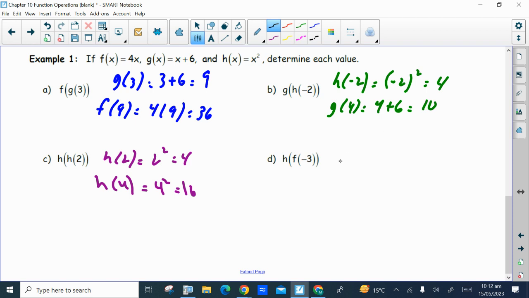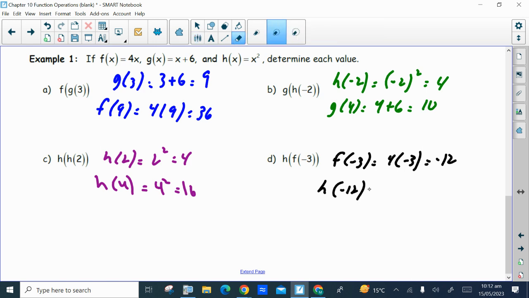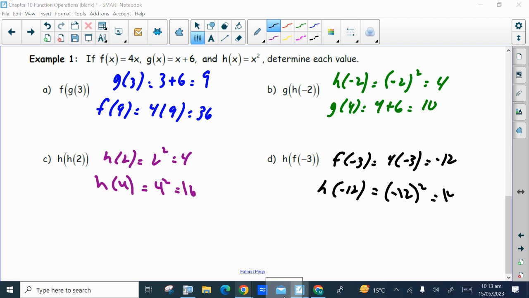And the last one, again, working from the inside out, we first find f at negative 3 using the f at x function. You get negative 12, and now you do h at negative 12. So now we have to use the h at x function, which again is x squared. All of negative 12 is squared, which gives you positive 144.